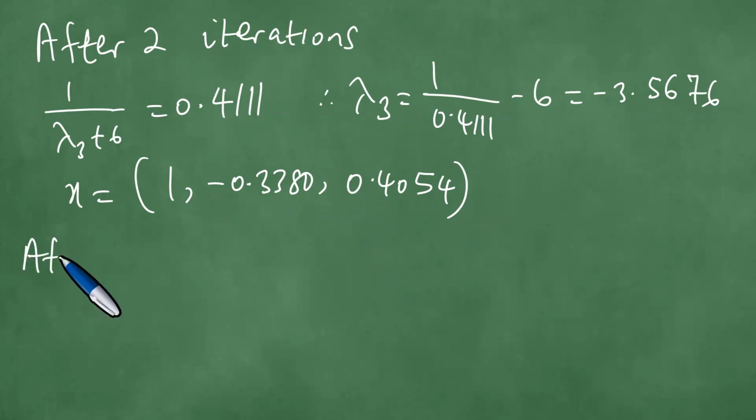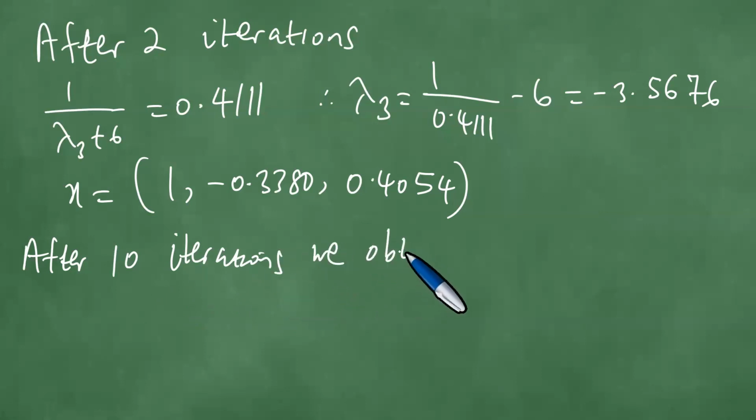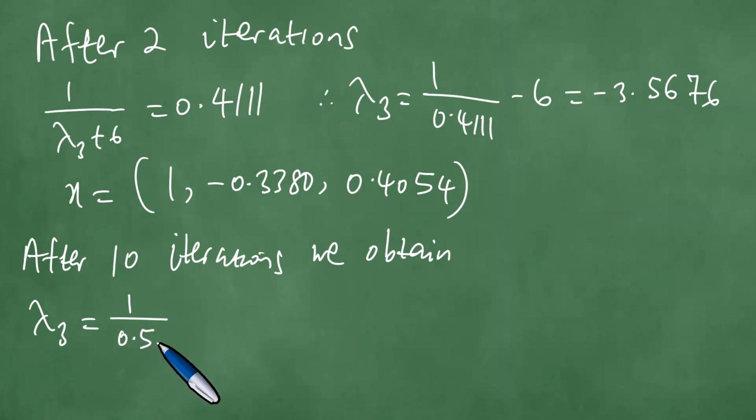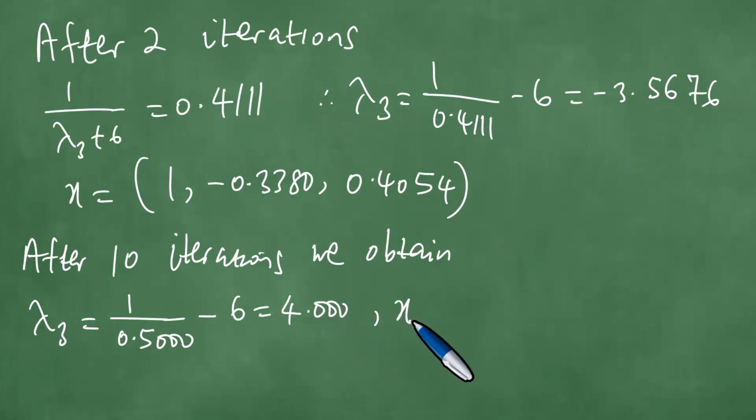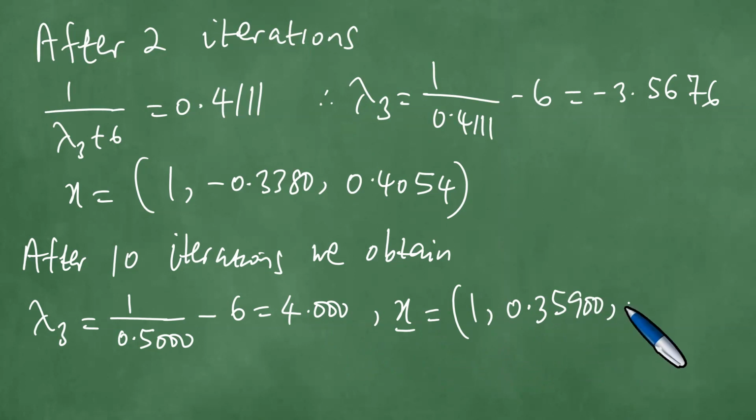Okay, we give a comment here that after 10 iterations, which is 1 divided by 0.5123 minus 6, 4.123, 0.359, 0.